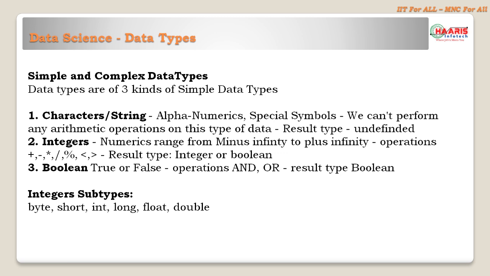So primarily, milk is the data and the vessel is the variable, the memory where milk is going to be placed, and the type of the vessel indicates whether it is a steel vessel or plastic vessel, big vessel, small vessel, correct?